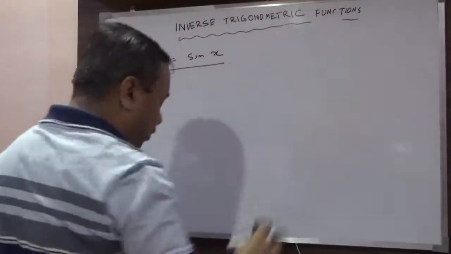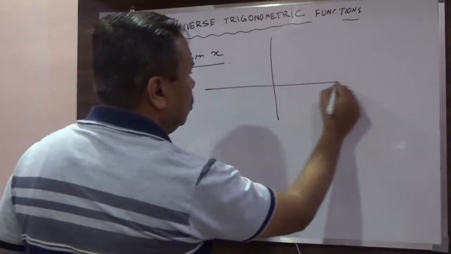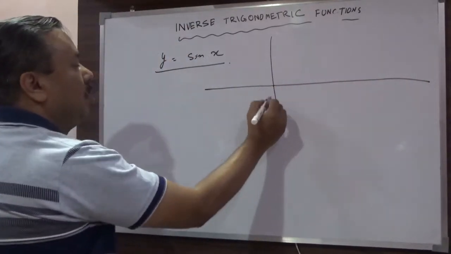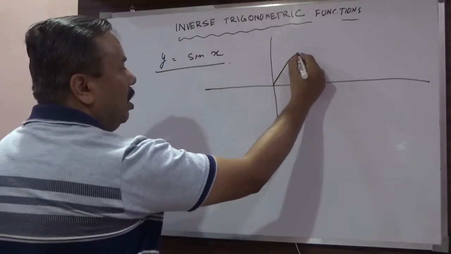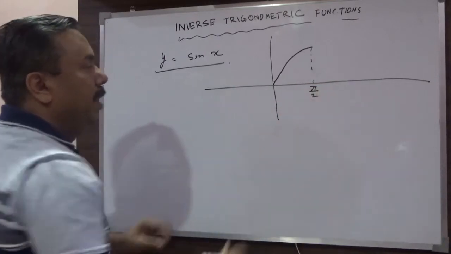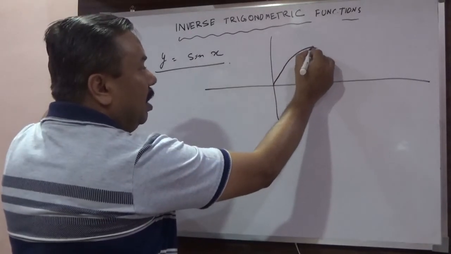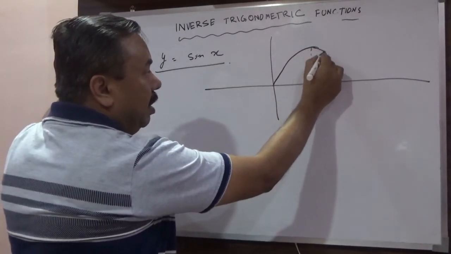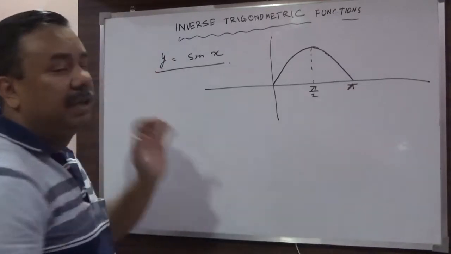I have made the graph too much sideways, so I will make another graph so that I can get space also. As I told you, at 0 it was 0, then it went on increasing, and at the value pi by 2 it went to maximum, which is 1. From there it kept on decreasing and came to 0 at x equal to pi.